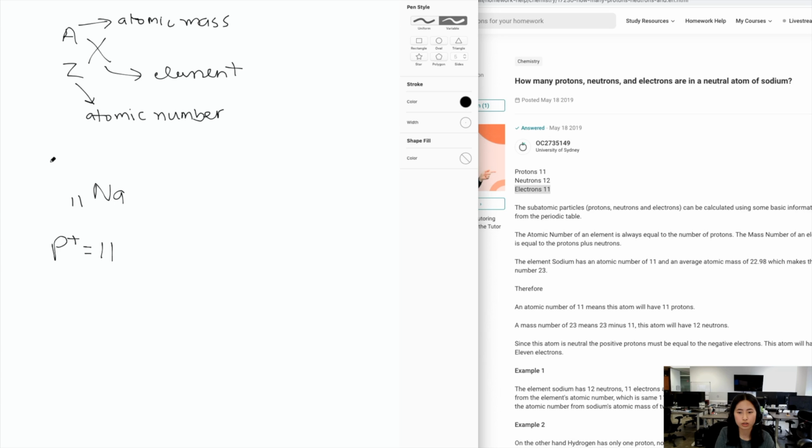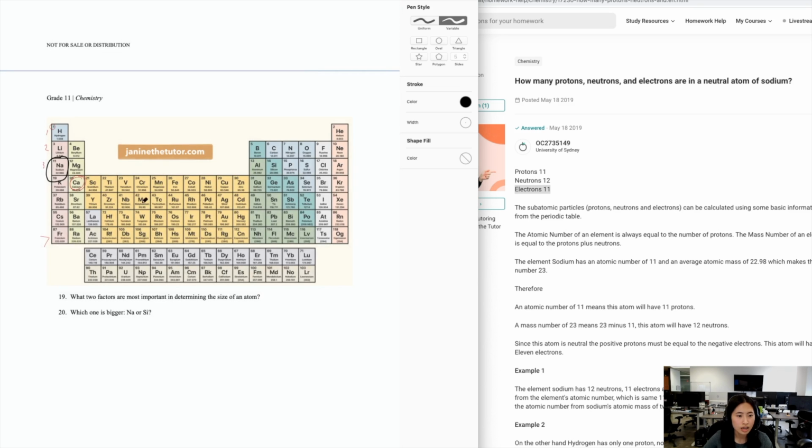And then you have atomic mass, which is what we need to look for. Because it's in the neutral state, the number of protons equals the number of electrons. That's why we can say electrons is also 11. However, for neutrons, because we're looking for the atomic mass, going back to the periodic table, sodium is 22.99.